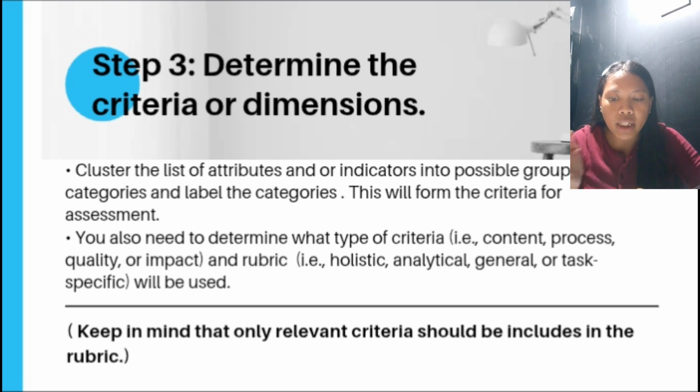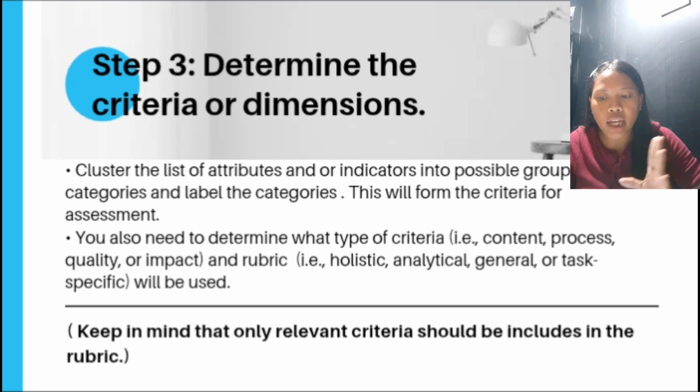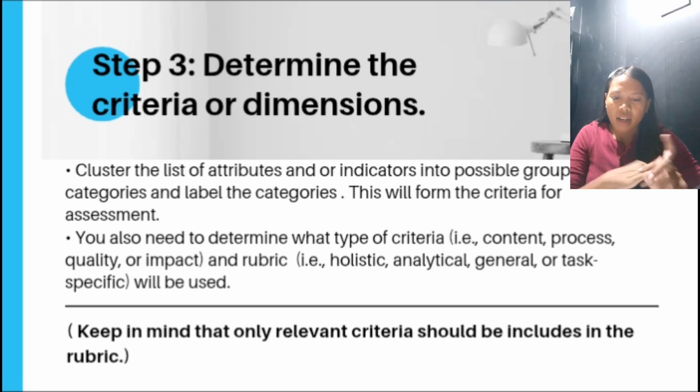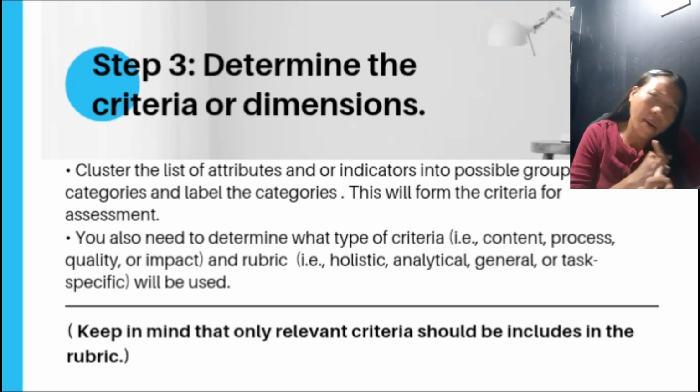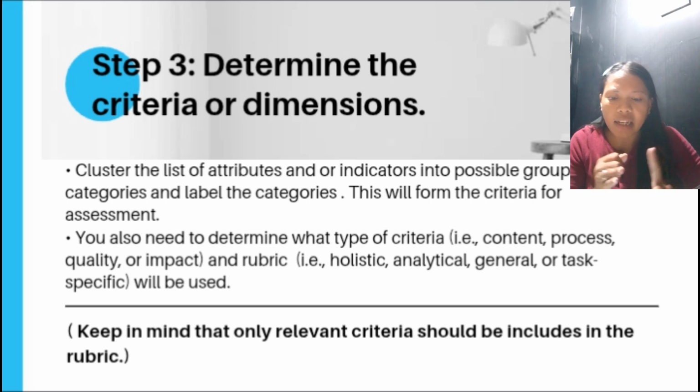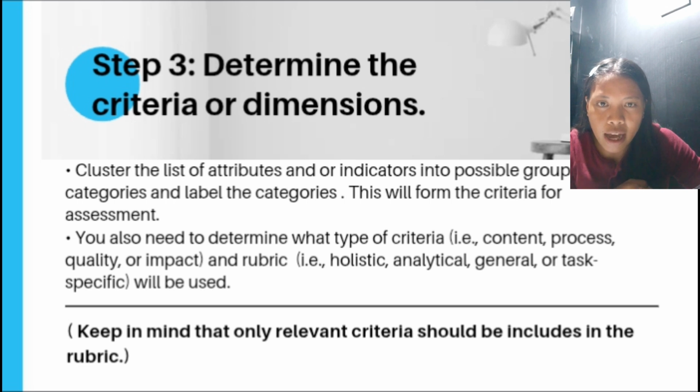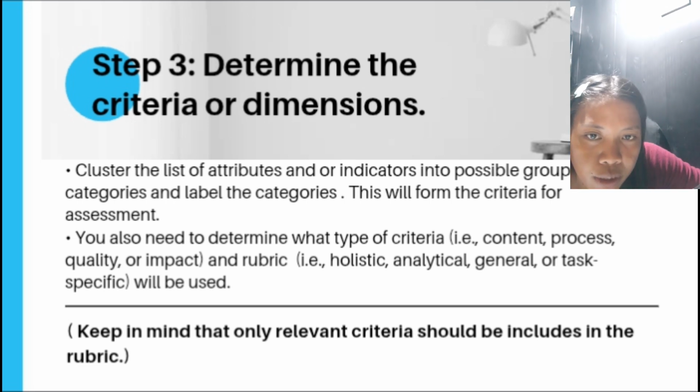And you also need to determine what type of criteria, that is if it is content, process, quality, or impact. And in all rubrics, whether it is holistic, analytical, general, or task specific will be used.